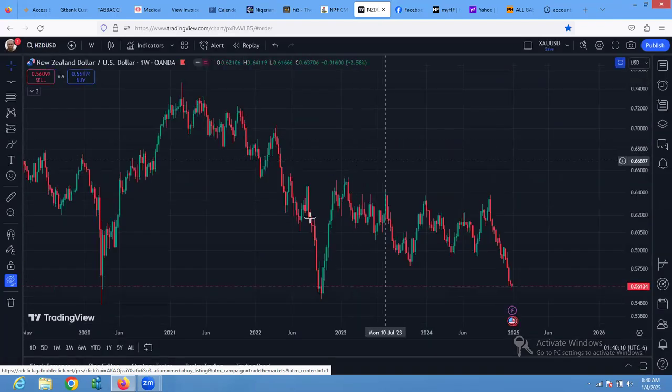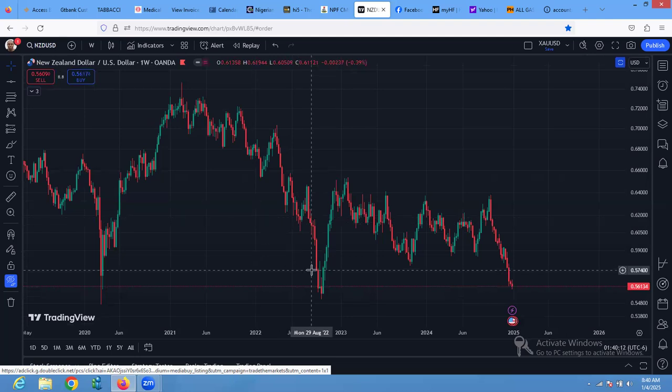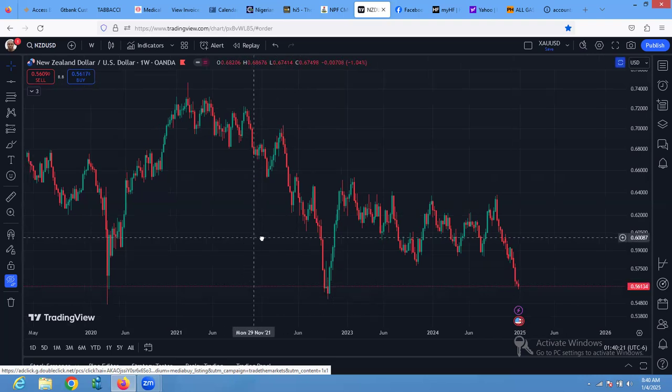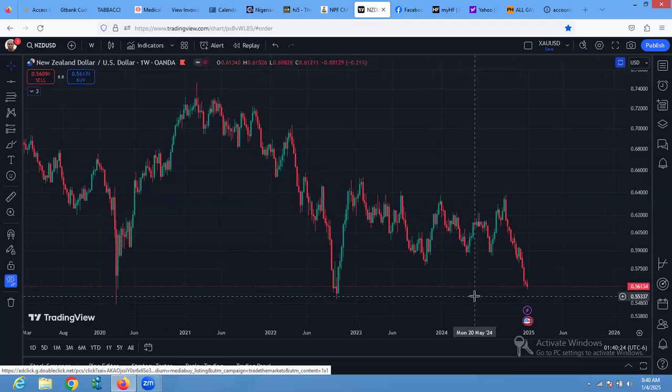Here, like we said, this had outdone itself. A couple of things might be happening here. We may be seeing an early reaction. This may continue to walk down and probably kiss this bottom. It may be heading to this point just to kiss this low before it bounces to the upside.